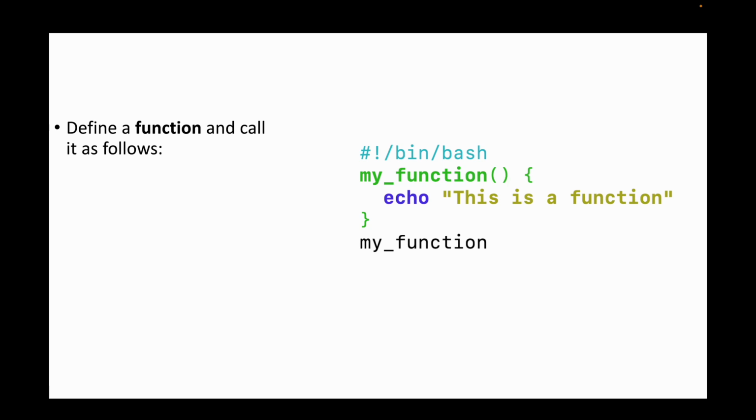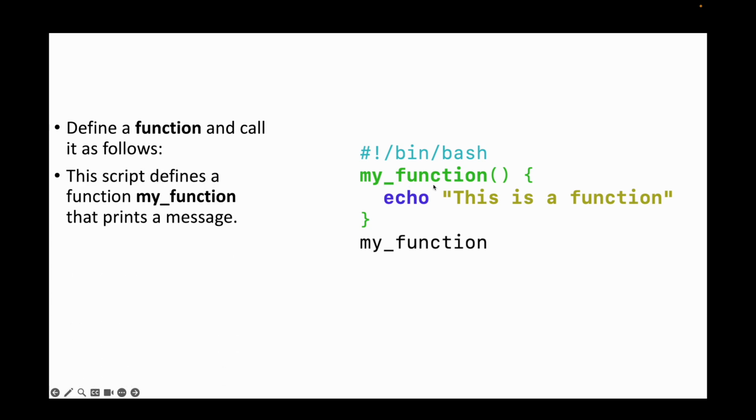And then in the curly braces, what do you want to execute as part of this function? All right. And then how do we call this function? We basically just give the name of the function. So this script defines a function with the name, which in this case is simply printing a message for us. And then the function is called, executing that particular code.